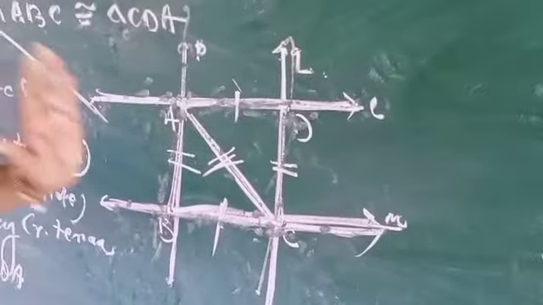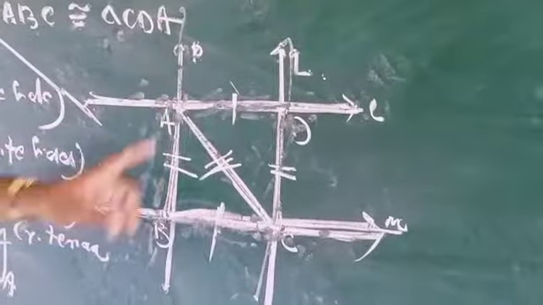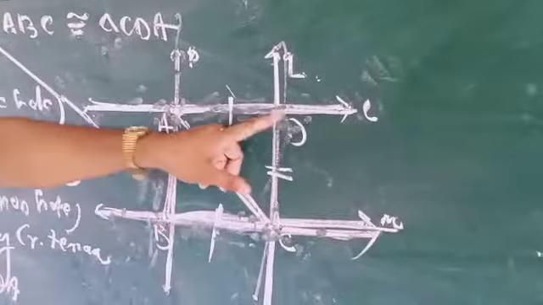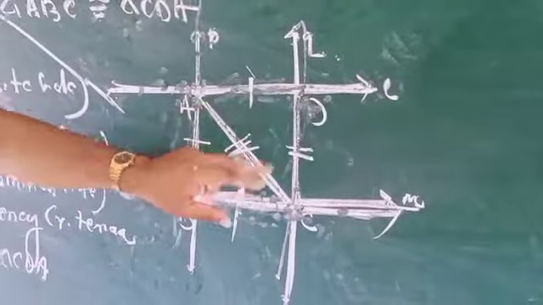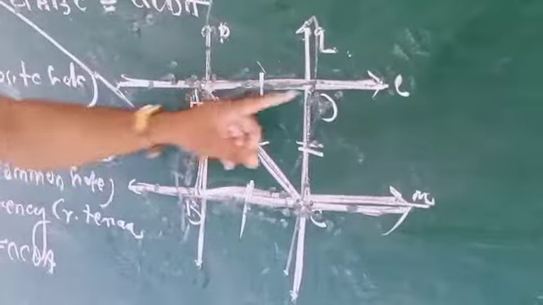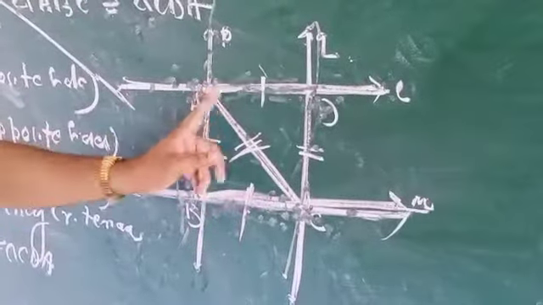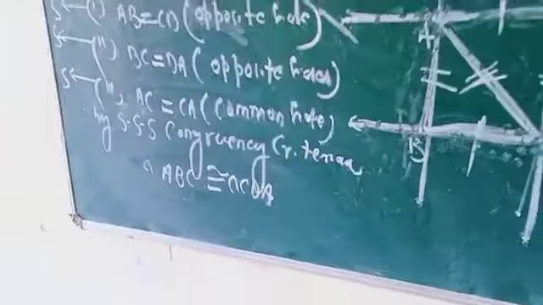So AB is equal to CD and BC is equal to AD. Now we join AC. In triangle ABC and triangle CDA, AB and CD, BC and DA, AC and CA. So by the SSS criterion, these two triangles are congruent.